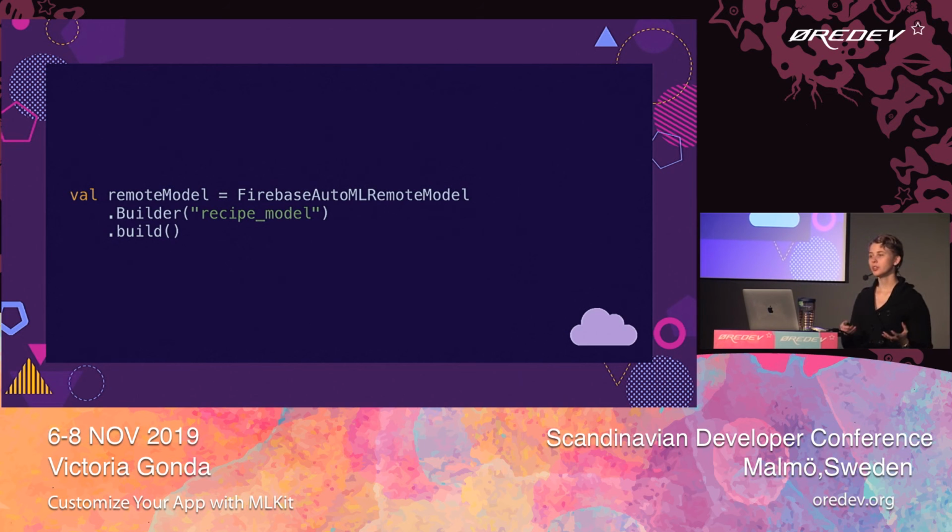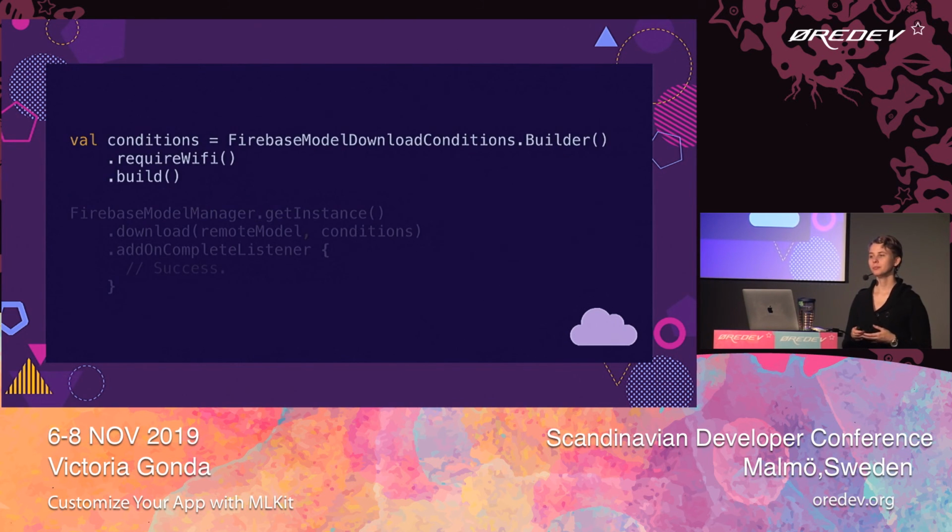So starting with the model hosted on the cloud. You build the model using the name of the model that's set up in Firebase. And then you can use the download manager to download the model. You can do this right when you need it, or you can do it ahead of time. You can also add conditions about whether you wait for Wi-Fi if you only want to download it while you're connected to Wi-Fi.